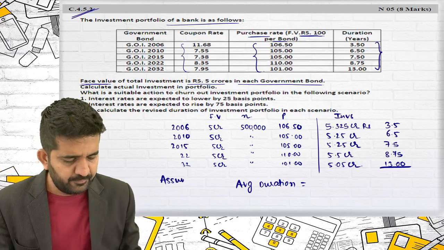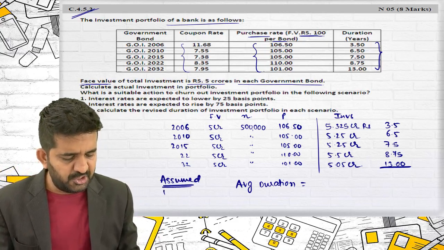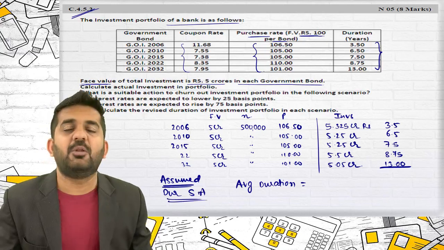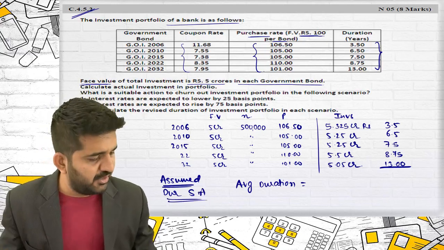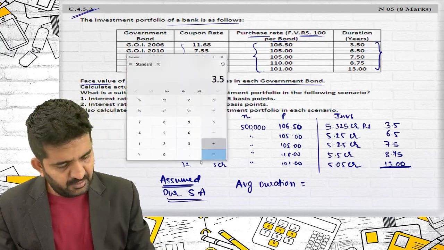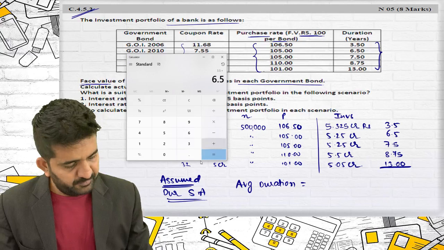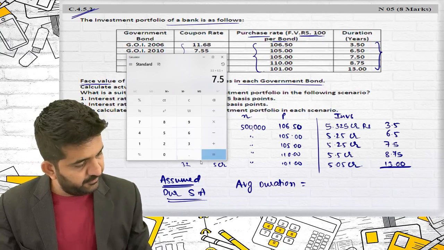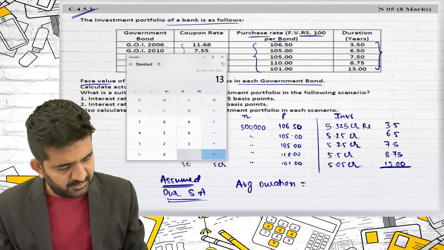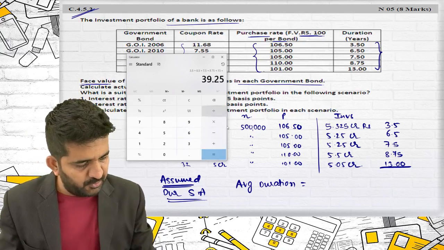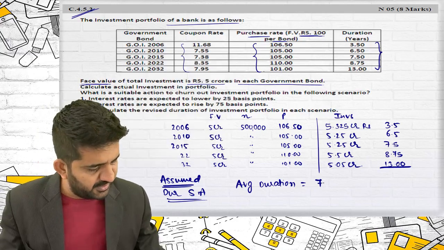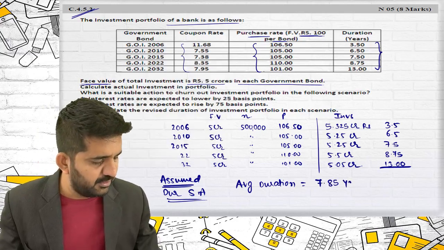Assume duration is calculated by simple average. You could have calculated it by weighted average, but right here I am doing it by simple average, which is 3.5 plus 6.5 plus 7.5 plus 8.75 plus 30. It is 39.25 divided by 5. Average duration is 7.85 years.